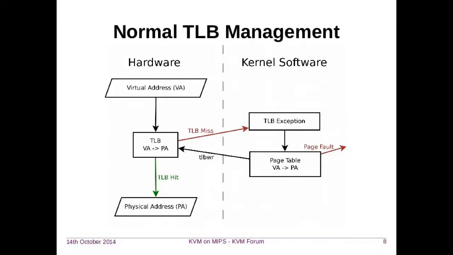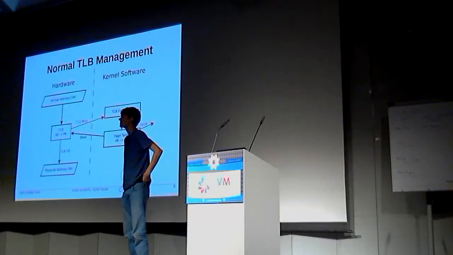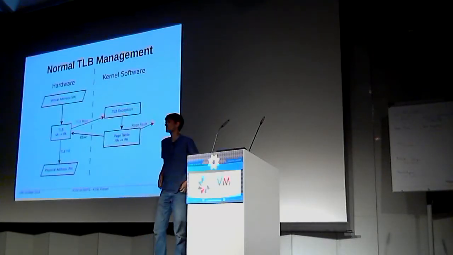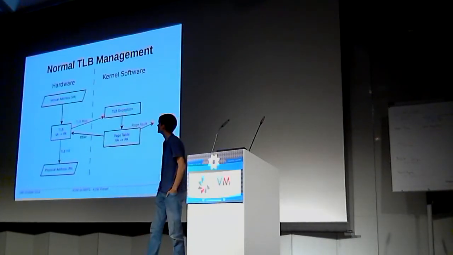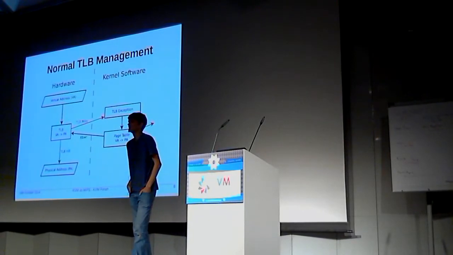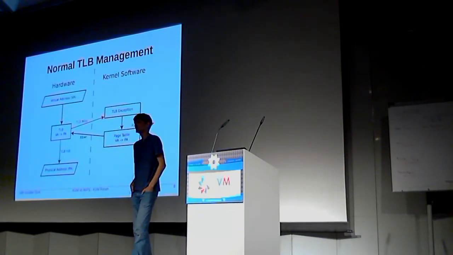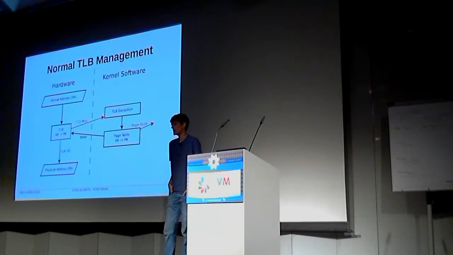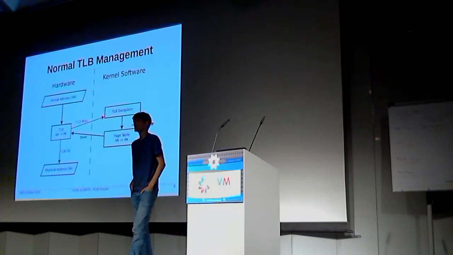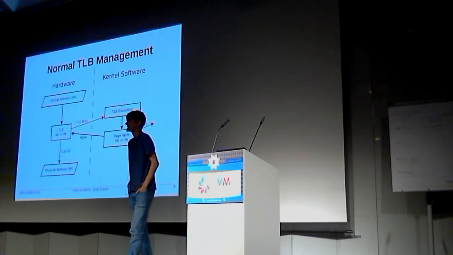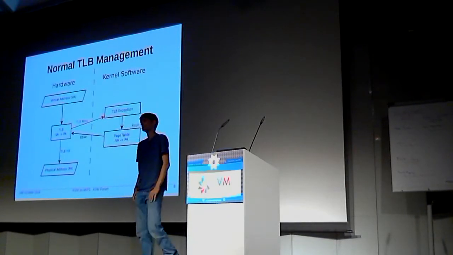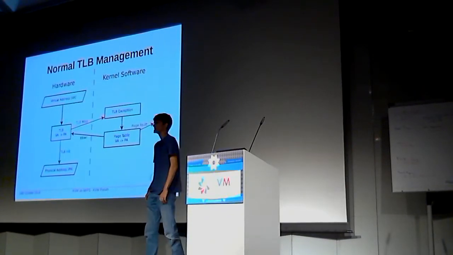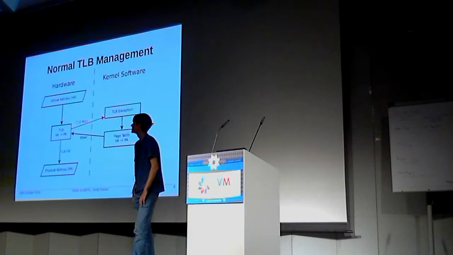So I'm going to talk a bit about TLB management. You may know that MIPS has a software-managed TLB. What this basically means is, normally in a lot of processors, when a memory access happens and the CPU doesn't know about the mapping, it has hardware to go and walk the page tables in order to get a mapping to put into the TLB cache.